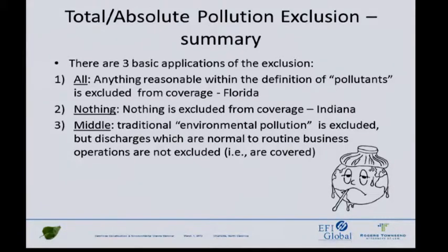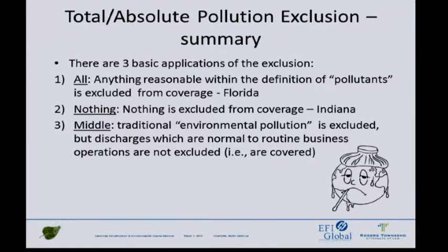If you have a policy where you're dealing with the total or absolute pollution exclusion, there are 3 basic approaches, just to summarize. The all approach, which means anything that reasonably fits within the definition of pollutants is excluded from coverage, and Florida's got a bunch of cases that say that. The nothing approach, Indiana again, that says it's too broad, it would exclude everything, therefore coverage is illusory, and we're just not going to apply that exclusion.